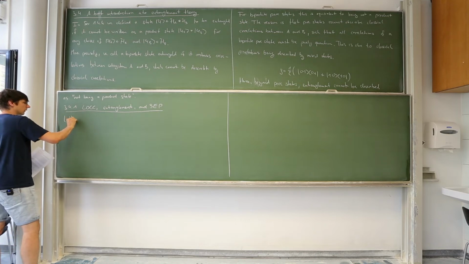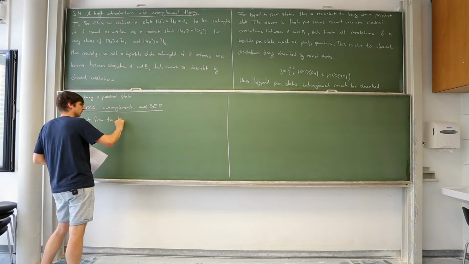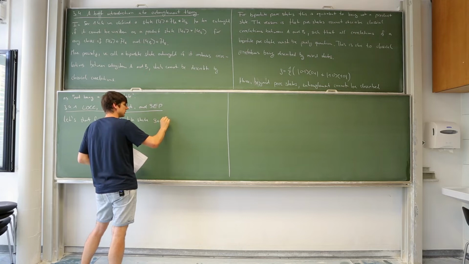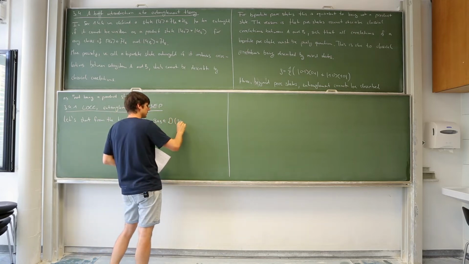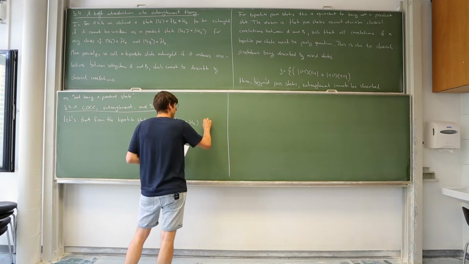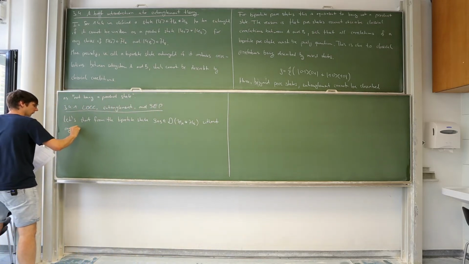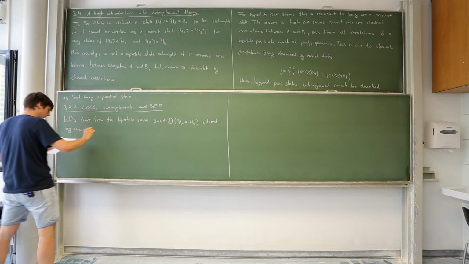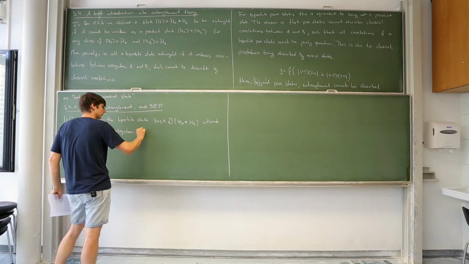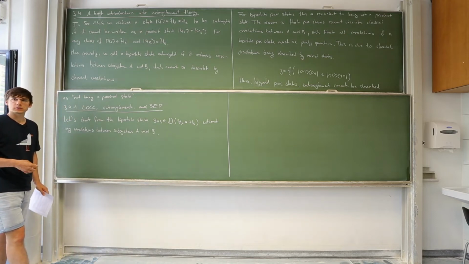So let's start from the bipartite state rho AB, which is a density operator in the Hilbert space H_A tensor H_B, without any correlations between subsystem A and B. Without any correlations means neither quantum nor classical correlations, right?